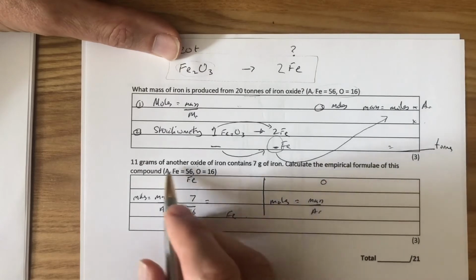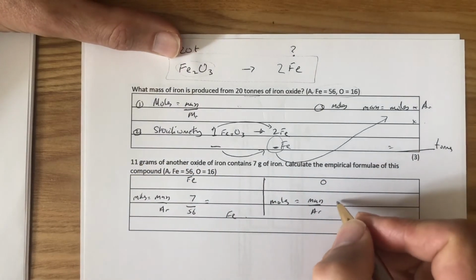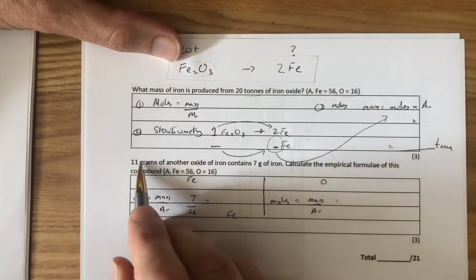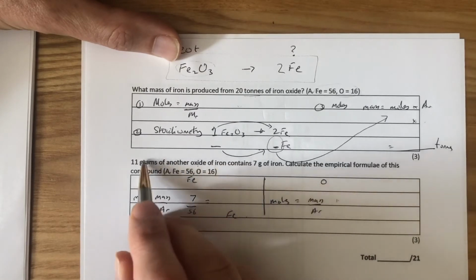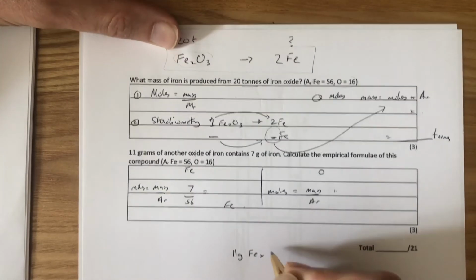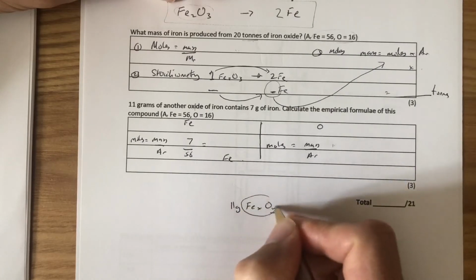Okay, now this is where we need to be careful. 11 grams of another oxide. Where every student goes wrong is they write 11 there for mass, but they haven't read it carefully. 11 grams of another oxide of iron. So that's 11 grams of the compound. So we've got 11 grams of this compound, FeO, I'm going to call it. So there's 11 grams of that.